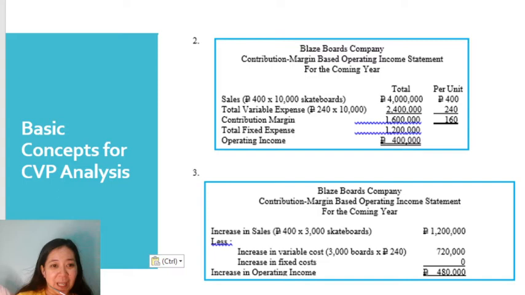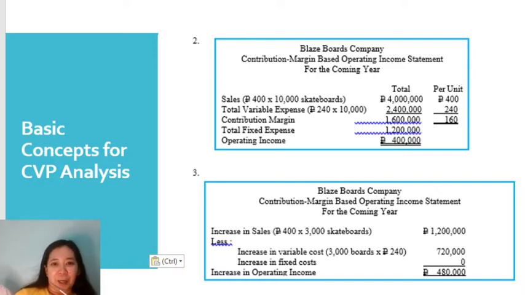So you see the difference between the traditional income statement and our contribution margin based income statement. I hope you were able to follow the description which I have mentioned. You can also write that down in your notes to see the difference.